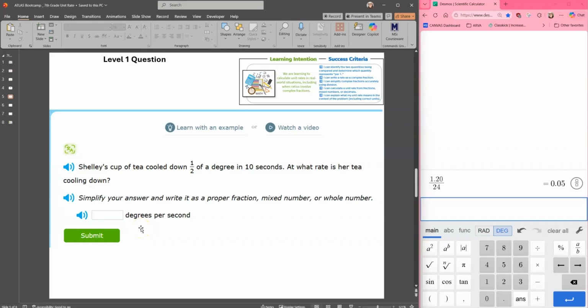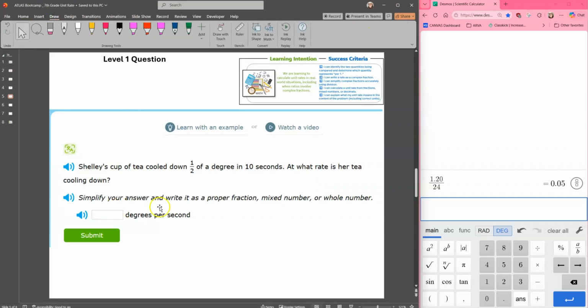All right, so Shelly's cup of tea cooled down 1/2 of a degree in 10 seconds. At what rate is her tea cooling down? Simplify your answer and write it as a proper fraction, mixed number, or whole number, degrees per second. So when I create my unit rate, I know that a unit rate is a special ratio that is per 1 of something, and I want degrees per second.